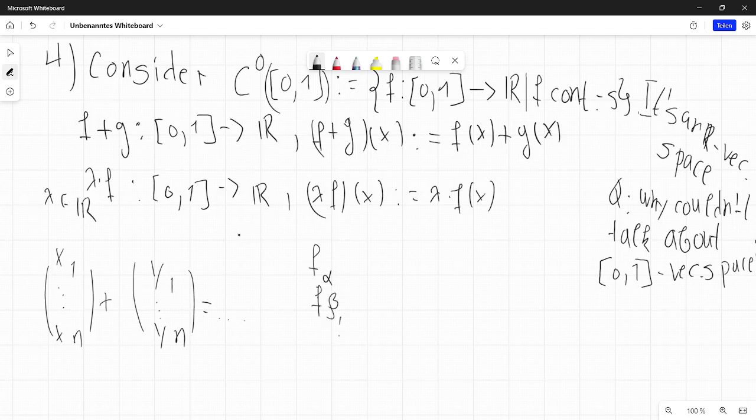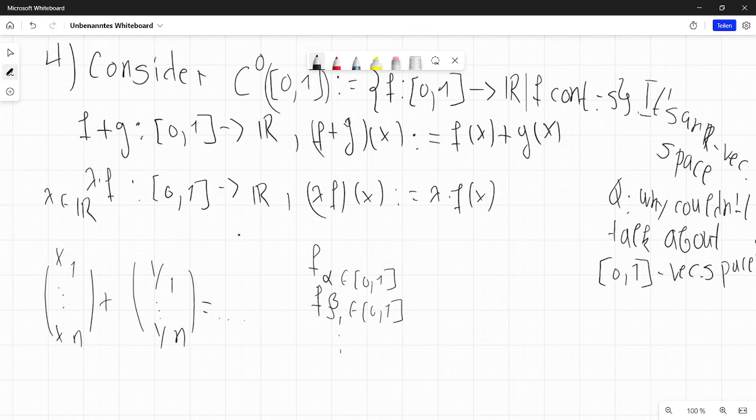They just go through all the numbers in [0,1]. This is how you could view it.